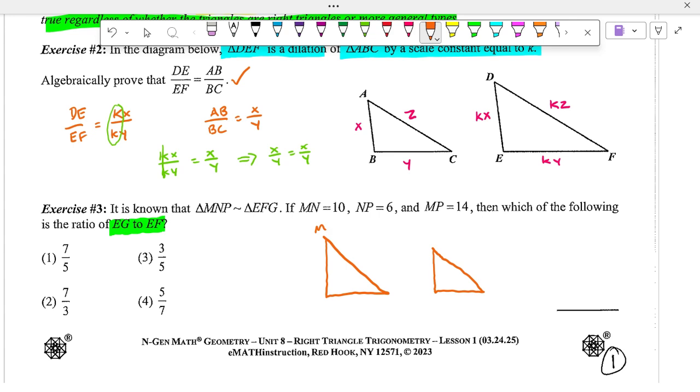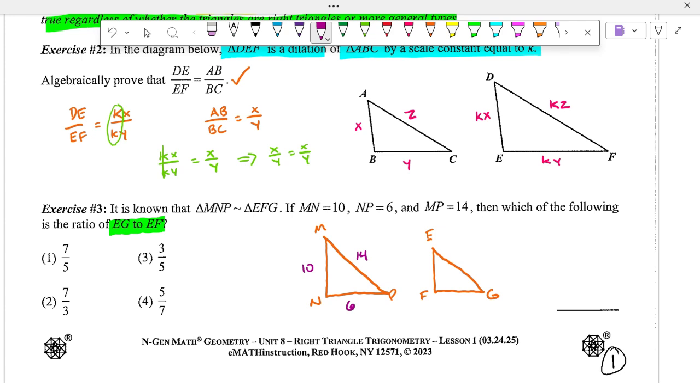So this is M, N, and P. And this would be E, F, G. Now, they said that MN is 10, NP is 6, MP is 14.